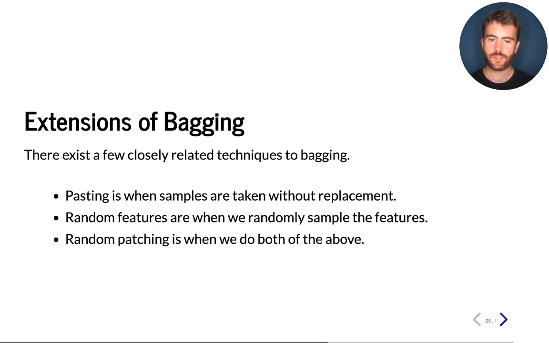We can also do this in feature space as opposed to sample space. So we can subsample random features and combine models trained on different subsets of features. This also helps prevent overfitting, and it's called random features. And if we combine the two, we have something called random patching.